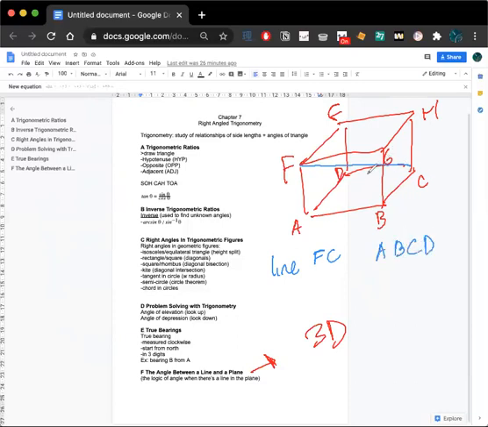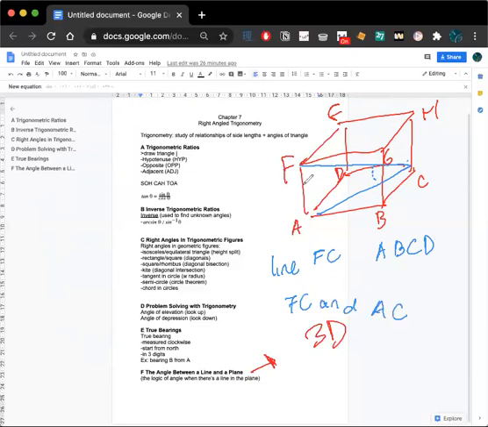then that's essentially asking you for the angle between FC and AC.